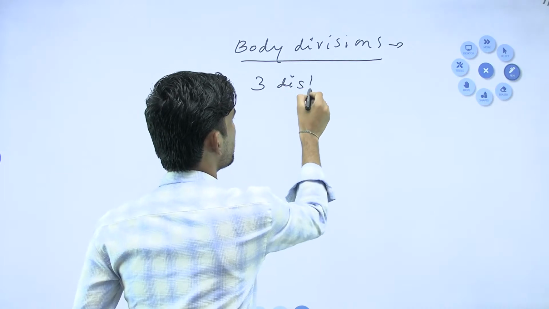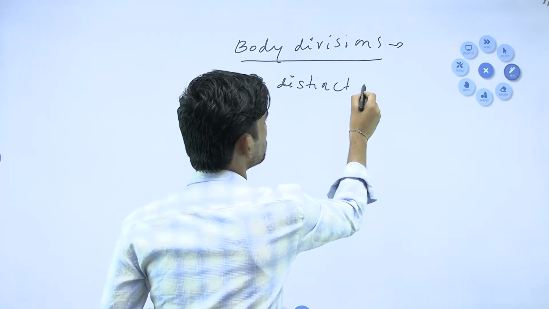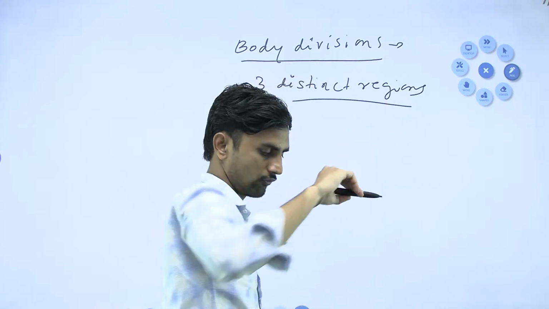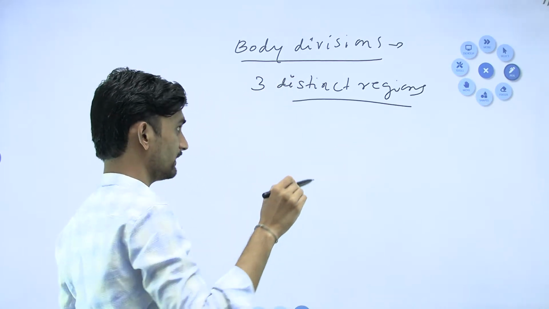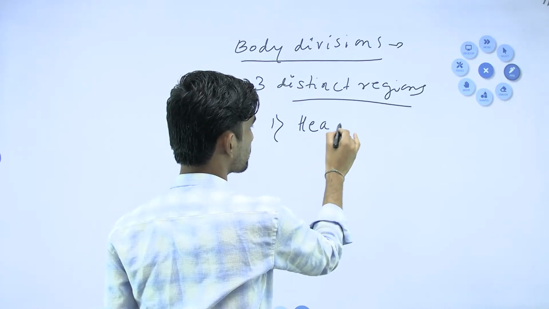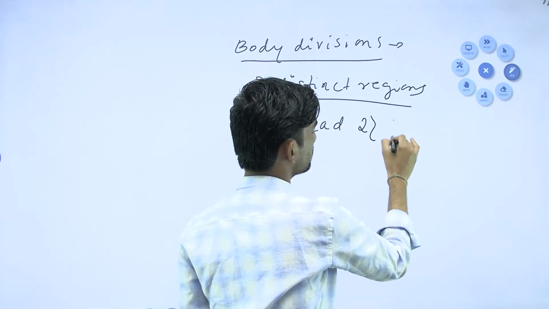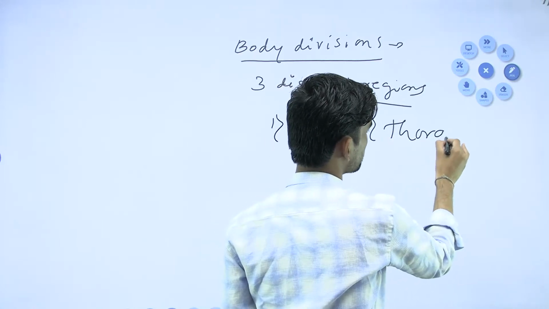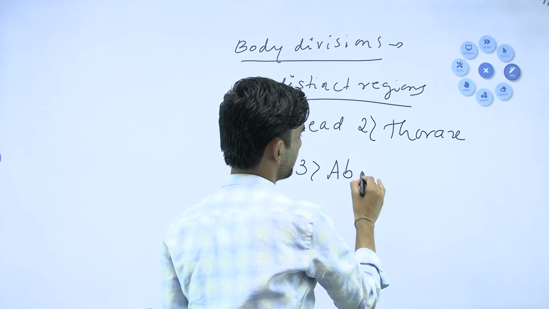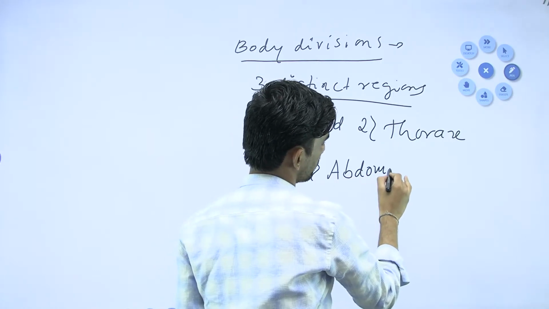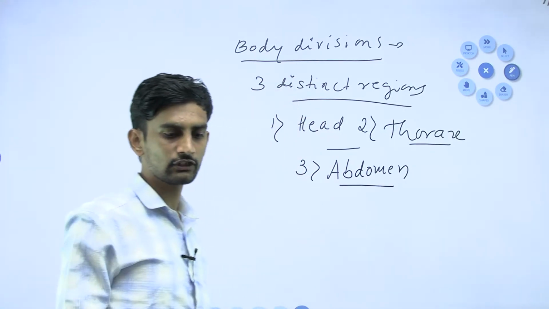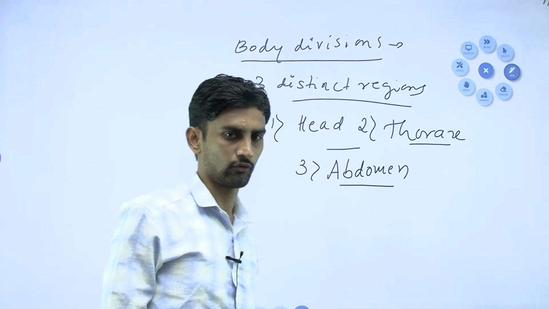How many regions will you find in the cockroach body? Three distinguishing regions. First is the head, a small head, followed by the thorax, then the third one, a long abdomen. So in total you will find three regions in the body of these cockroaches.